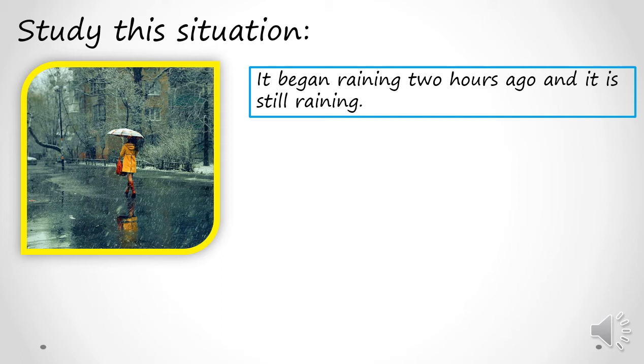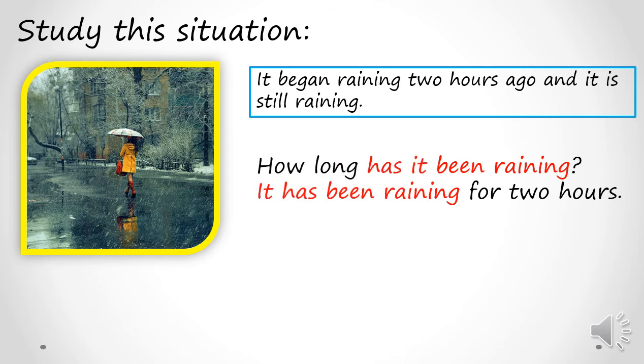And it is still raining. How long has it been raining? It has been raining for 2 hours. That means this action started in the past and is still happening now at the moment of speaking.